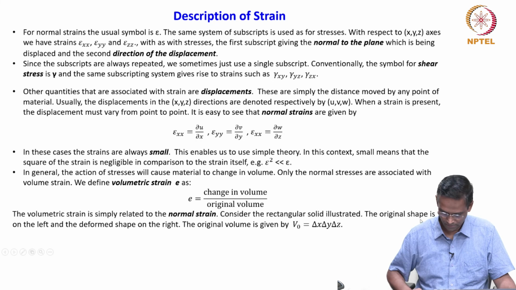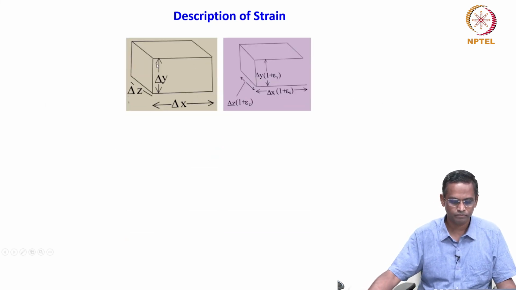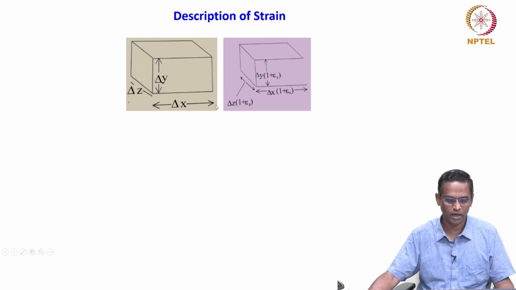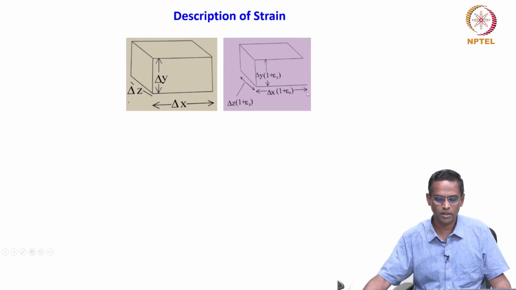Okay. So we are going to consider a rectangular solid as an illustration. The original shape is like this, and has the dimensions delta x, delta z and delta y. Okay. And this is after the deformation, right? So after deformation, what happens?